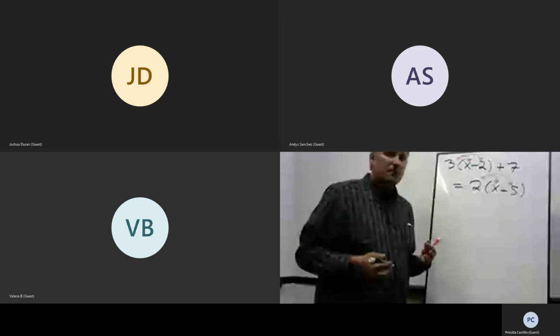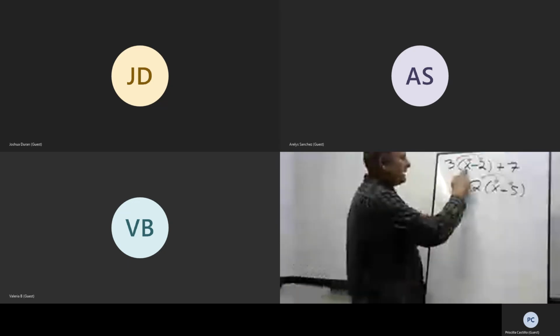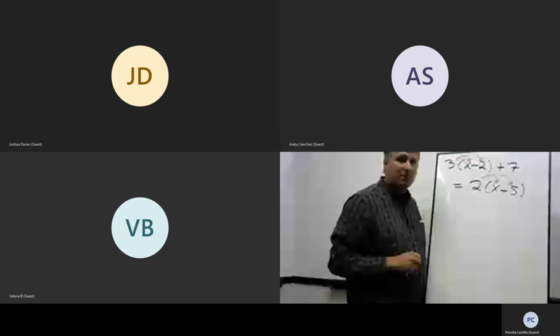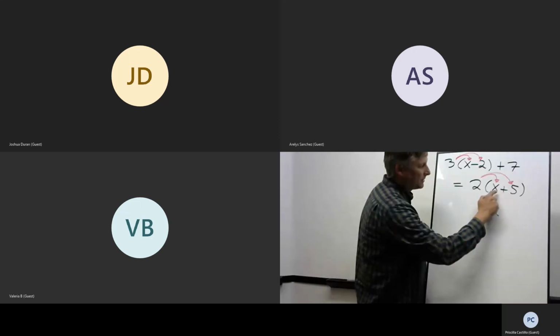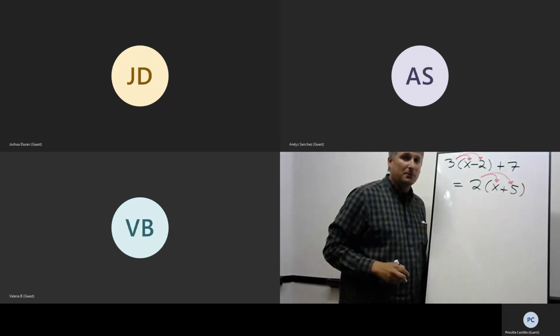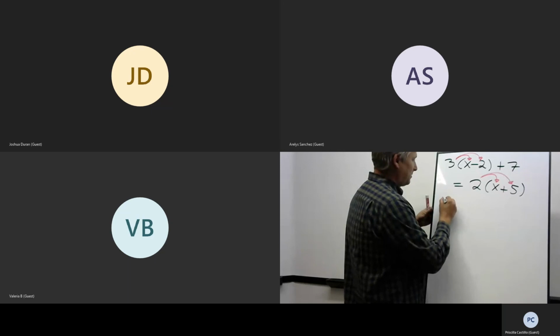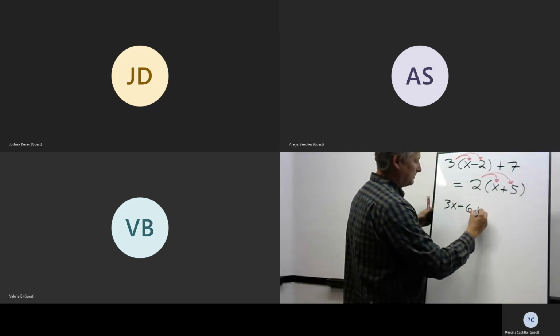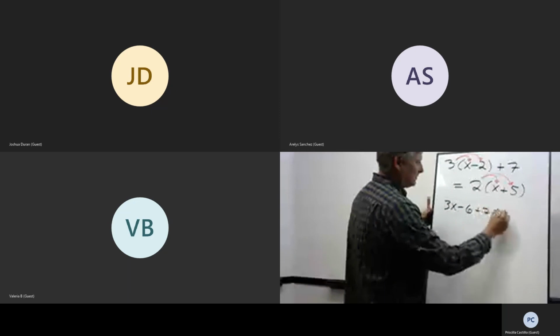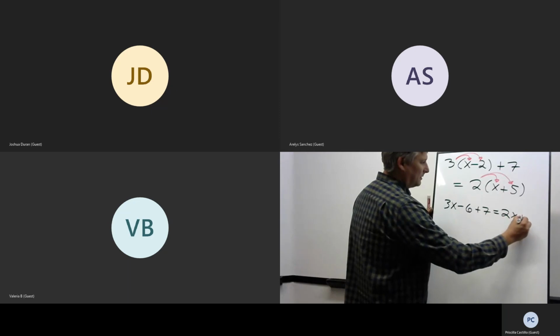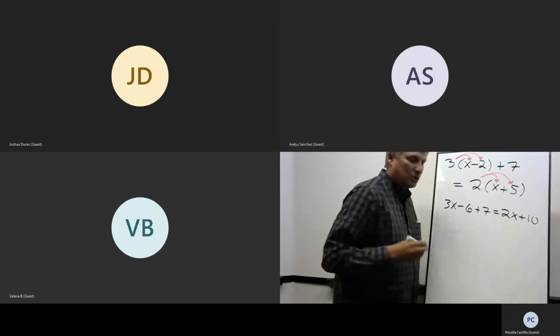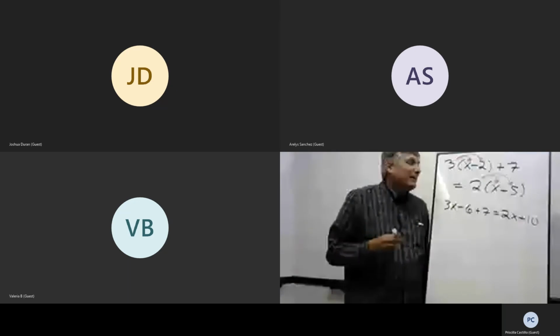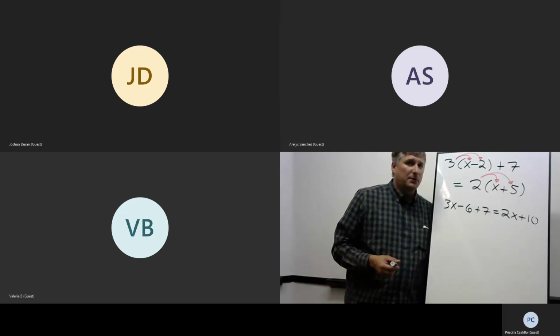And we distribute using multiplication. So that means each object here is going to be multiplied by 3. Each object here will be multiplied by 2. So we'll get 3x minus 6, 2x plus 10.